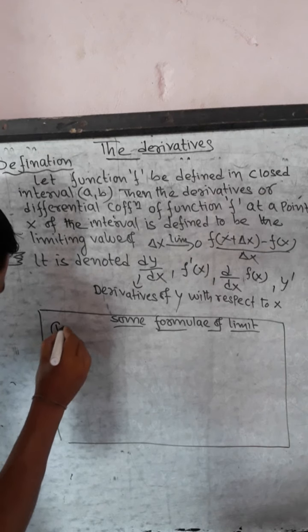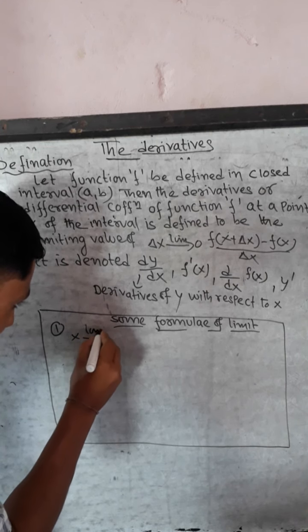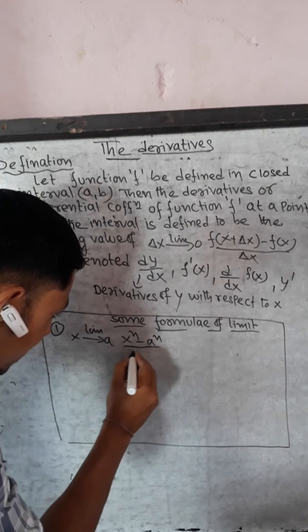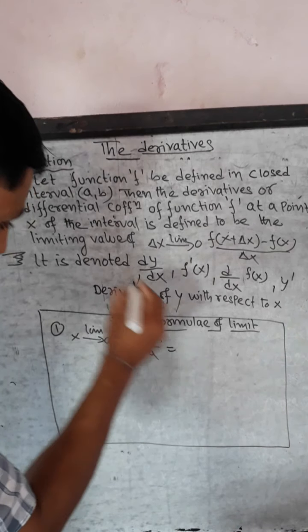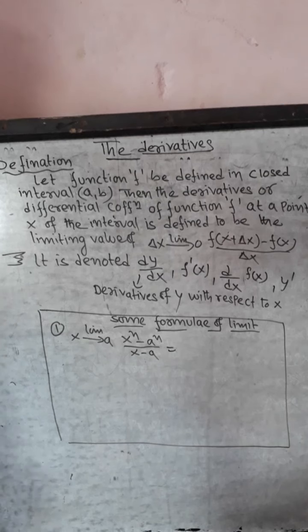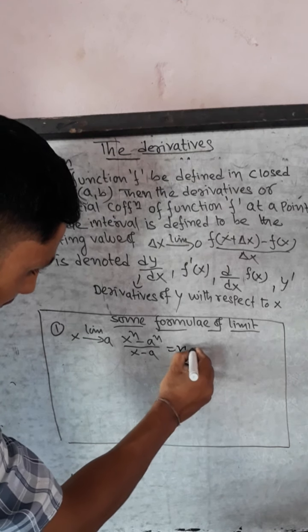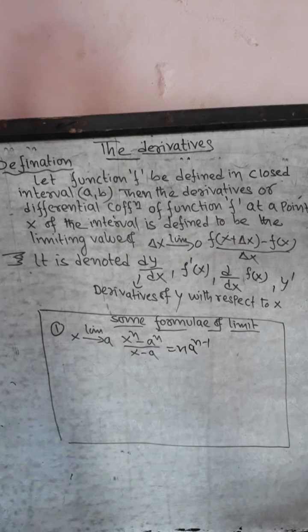Number one: suppose limit x tends to a, x to the power n minus a to the power n divided by x minus a is there. Then the limiting value of this one is n a to the power n minus 1.